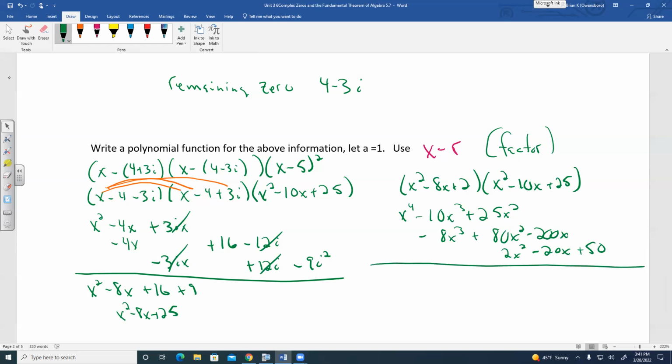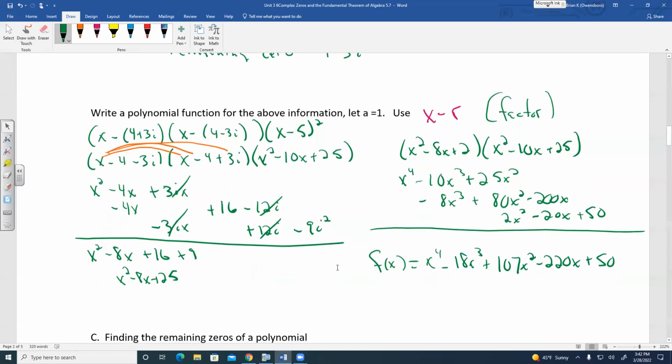So our function is going to be then f of x equals x to the fourth minus 18x cubed plus, looks like, 107x squared minus 220x plus 50. That would be the polynomial function they're looking for. And again, they're saying a is equal to 1, so we don't have to mess with the a in this problem. It just stays there.